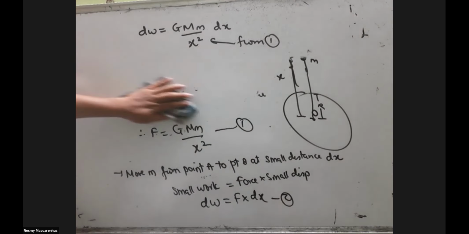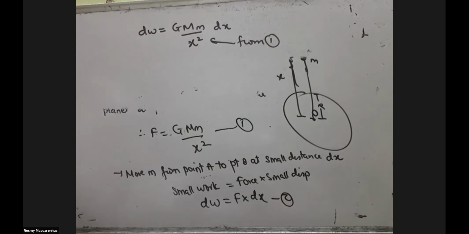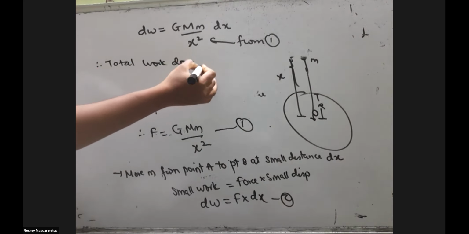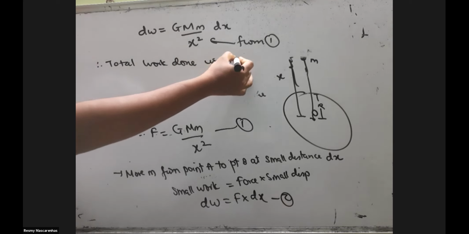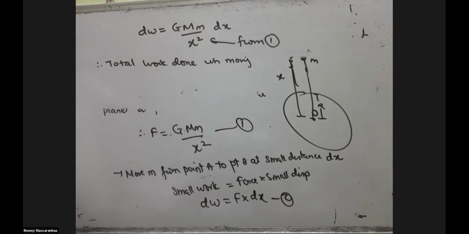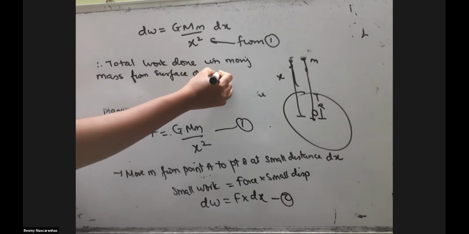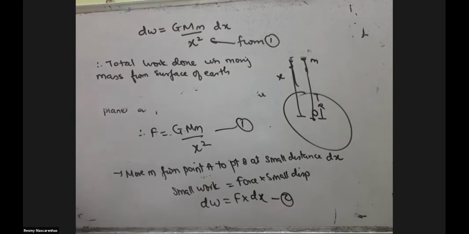So total work done will be for moving the object from the surface of Earth. Definitely we cannot suddenly start from any point P over here.